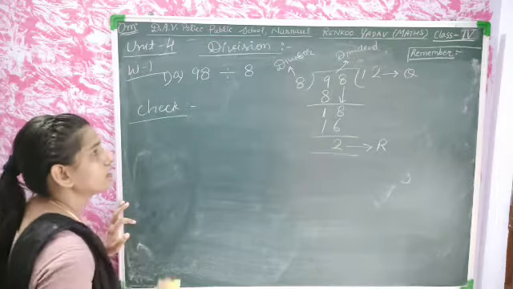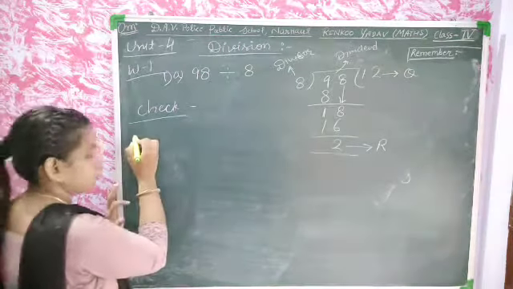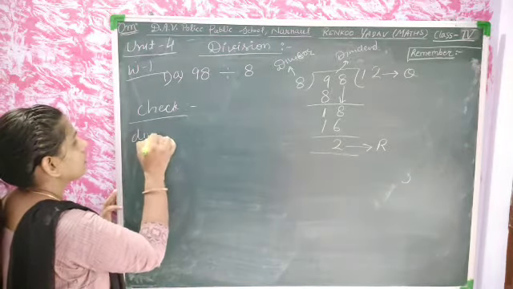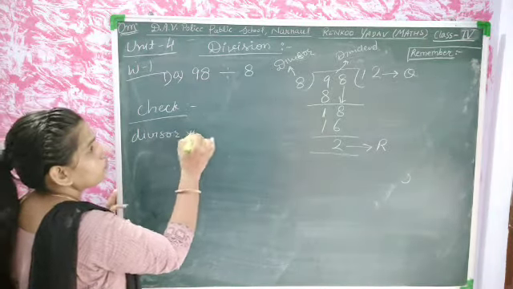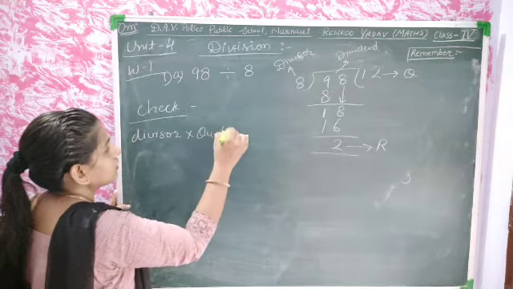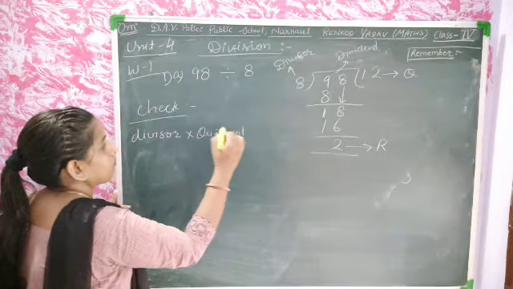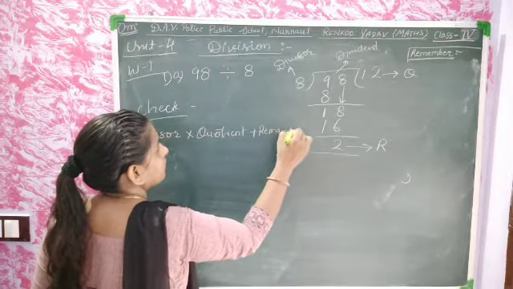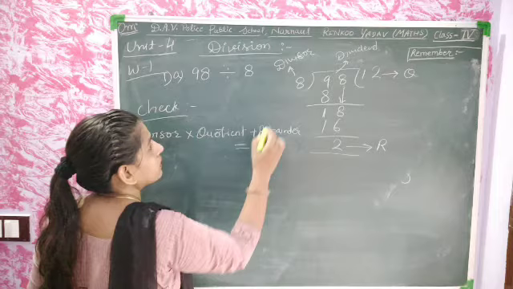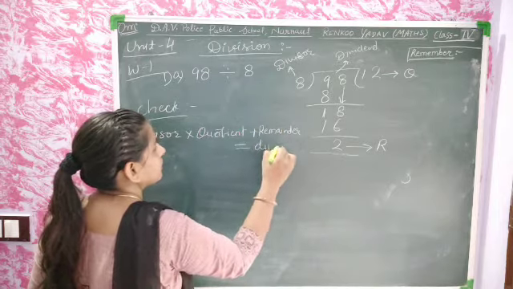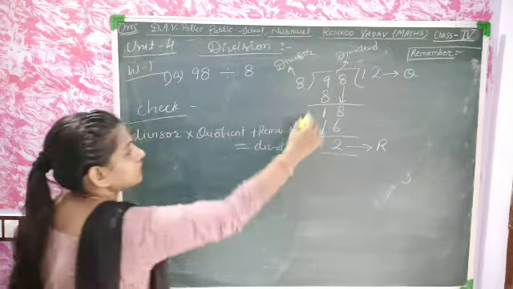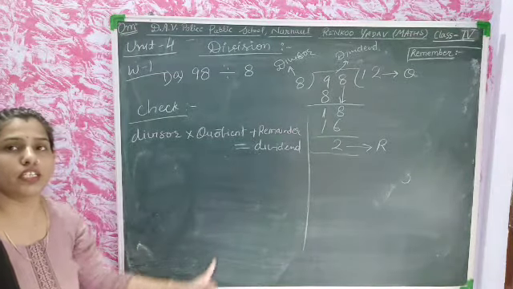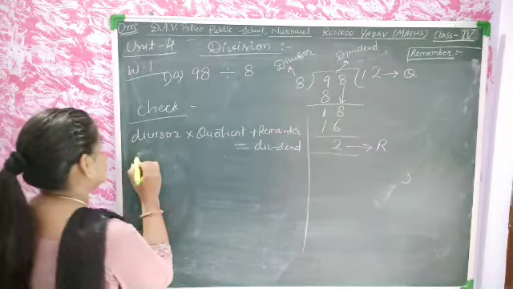For checking, we have done already: divisor into quotient plus remainder is equal to what? Dividend. Okay, students. So we will solve this. If this is equal to the dividend, then it must be right.